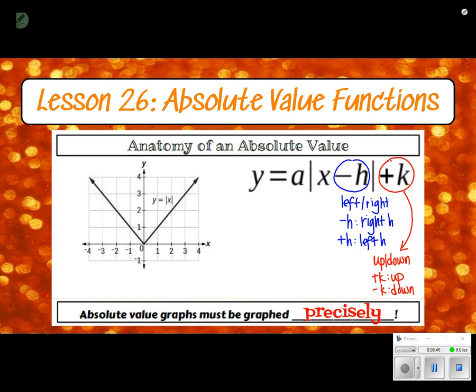All right, and then A has 2 jobs. Job number 1 is if it's negative, it's going to do a flip over the x-axis.